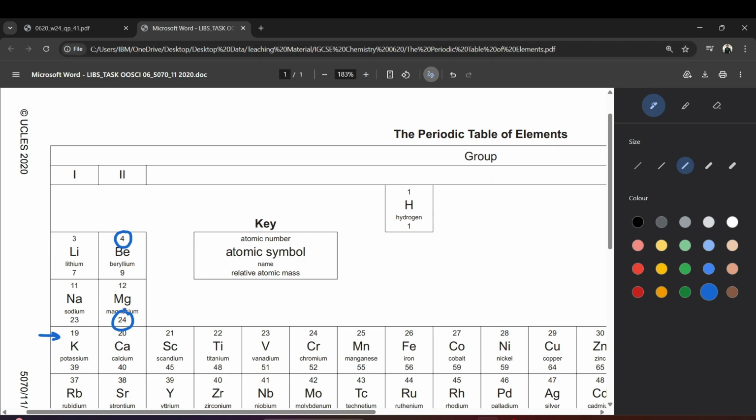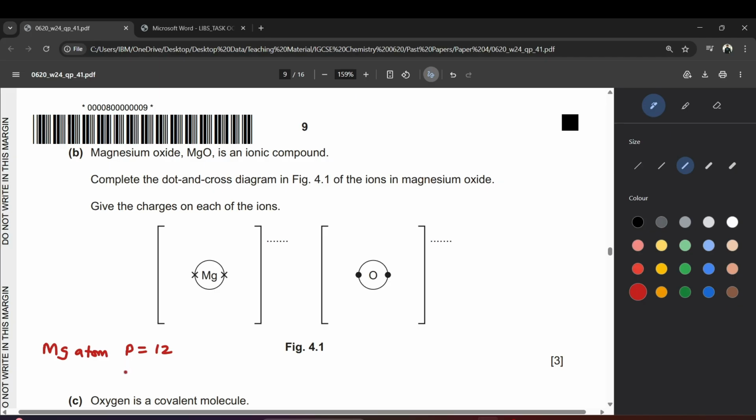The proton number for magnesium is 12, so the number of electrons will also be 12. But in the magnesium ion, Mg2+, it has now lost 2 electrons. So the number of electrons here will be 10.